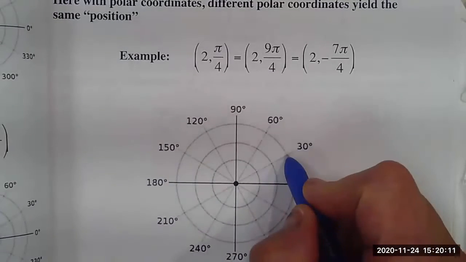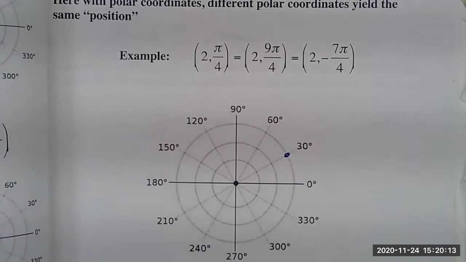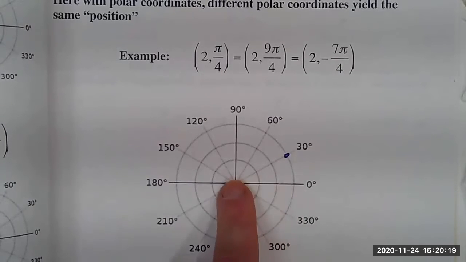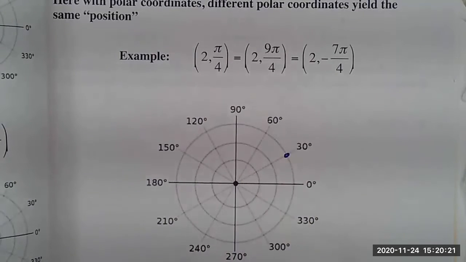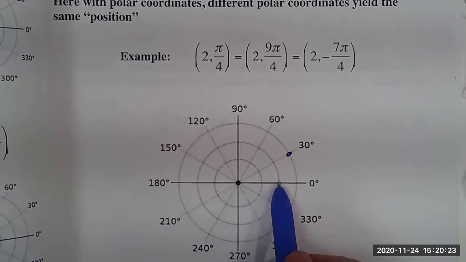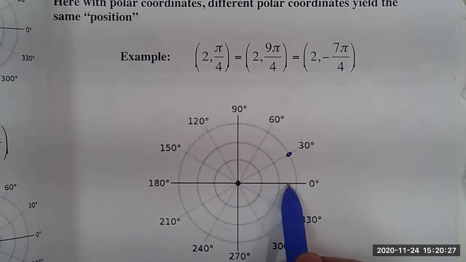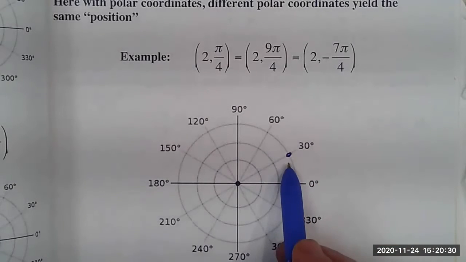If I put a dot right there, and it's the XY concept in your brain, well, X is a little bigger than Y. These aren't grids, but X is about 3 right here. Wouldn't you say that X is a little bigger than Y? They're both positive at least.